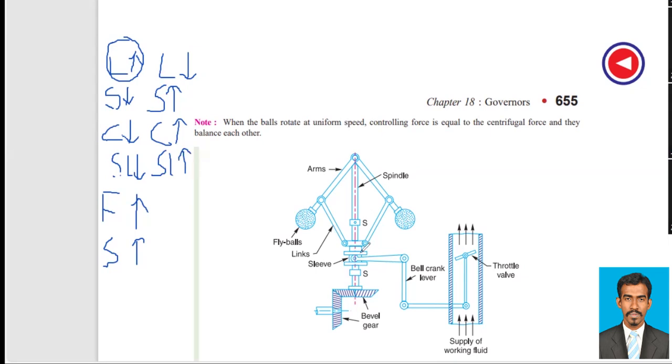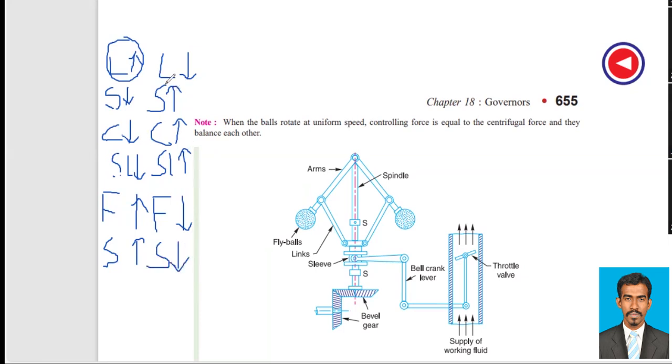If the sleeve moves upwards, this will activate the bell crank lever, and the fuel supply would be reduced. So if the fuel supply is reduced, the speed will reduce again.